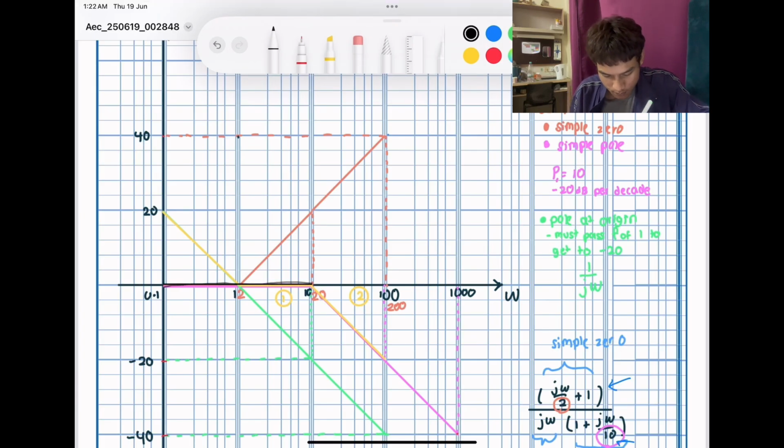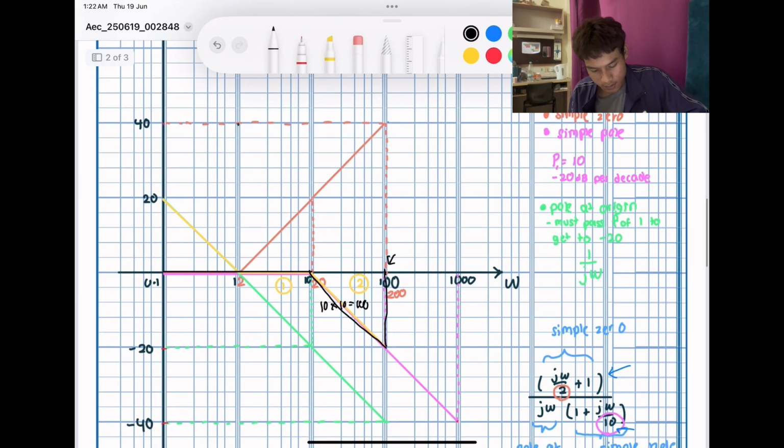From 10, it will go down by negative 20 dB for a decade. A decade means from 10 times 10, you get 100. So it will reach negative 20 decibels at 100 right here. It will continue to reach negative 40 decibels at 1000 after 1 decade. Now we are done with the simple pole.